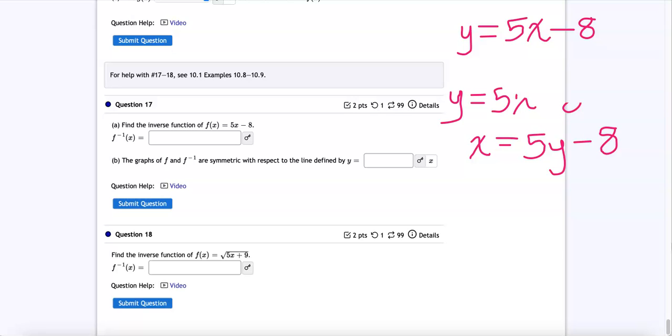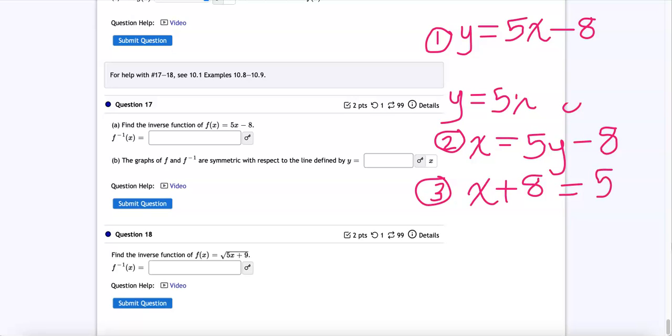So here's step 1, rewriting f inverse as a y, and then step 2, I am now switching my x and my y variable, and then step 3, I have to get y all by itself. So that is going to give me x plus 8 is equal to 5y, and then I need to divide both sides by 5.